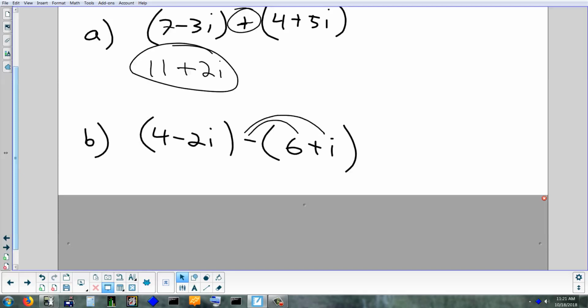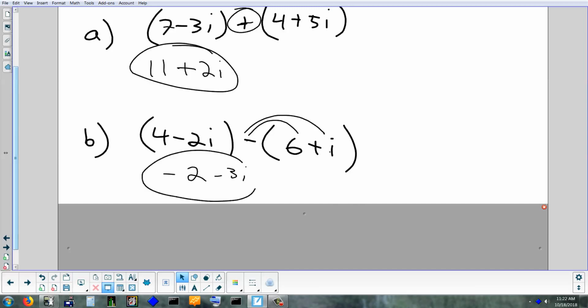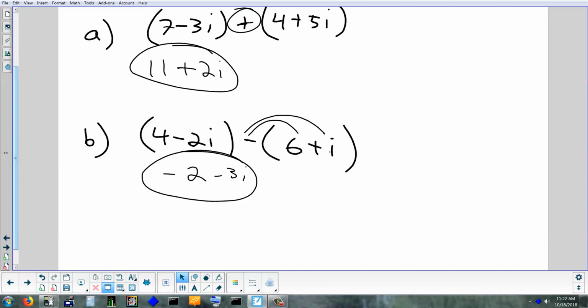Think of it as distributing that negative. So the real part is really negative 6, and the imaginary part is negative 1i. Both of those are being subtracted. So what would my real part be? Yep, 4 minus 6 gives me negative 2. And how about my imaginary part? Yeah, Jay. Negative 2i, take away i, is negative 3. Okay, so that's adding and subtracting.